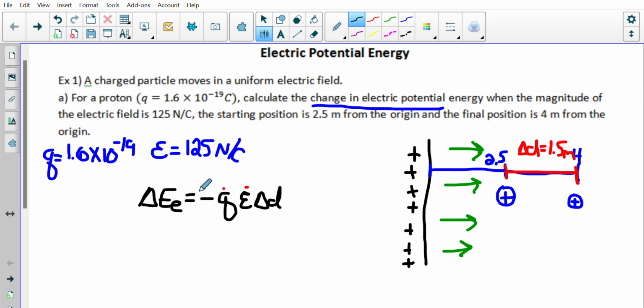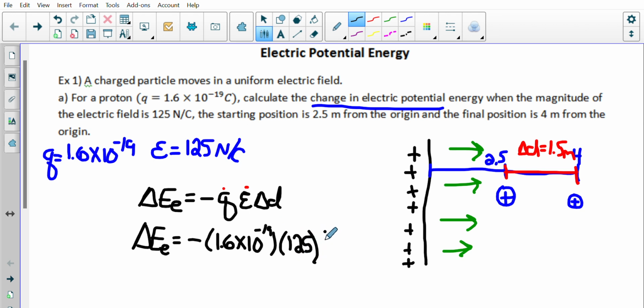So if I'm going to find my delta E and substitute in my values, we have a negative sign, a Q. Again, our charge is 1.6, it's a proton, 1.6 times 10 to the power of negative 19, times our epsilon, which was 125, and times our delta D, which we just moved 1.5 meters more away.